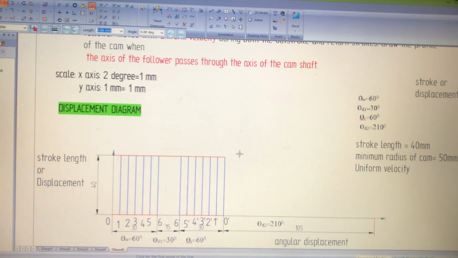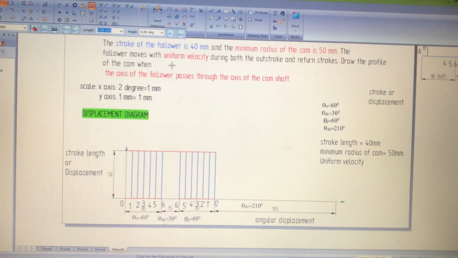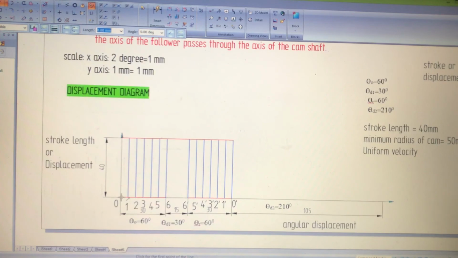I know that for uniform velocity I'll get linear displacement, so directly I'll draw a linear profile from 0 to 6. Next, for 30-degree rotation it is dwell.